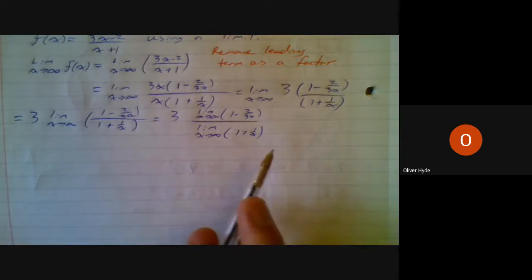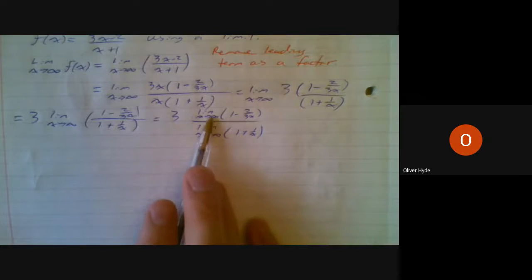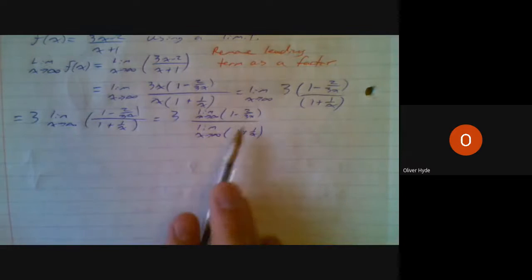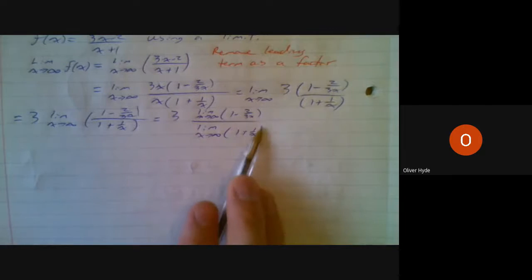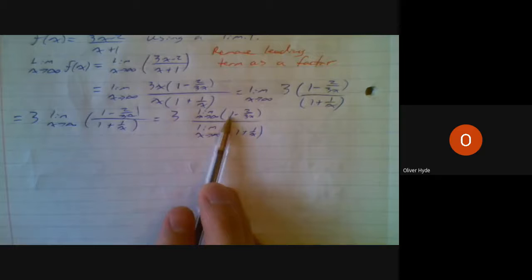I think I might stop here with the properties. I could use limit of a sum, constant multiple, limit of a quotient, but notice what's happening here. In the numerator, 1 stays constant at 1, and 2/3 x. You know what, I probably should show another step so that I can show you the definition.